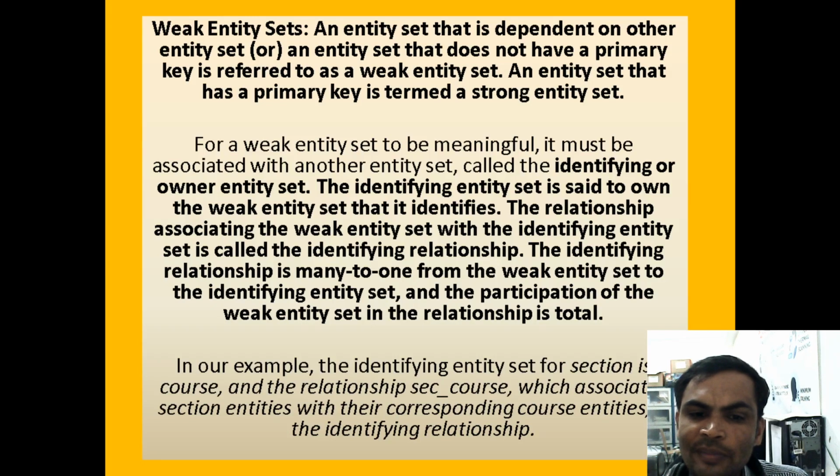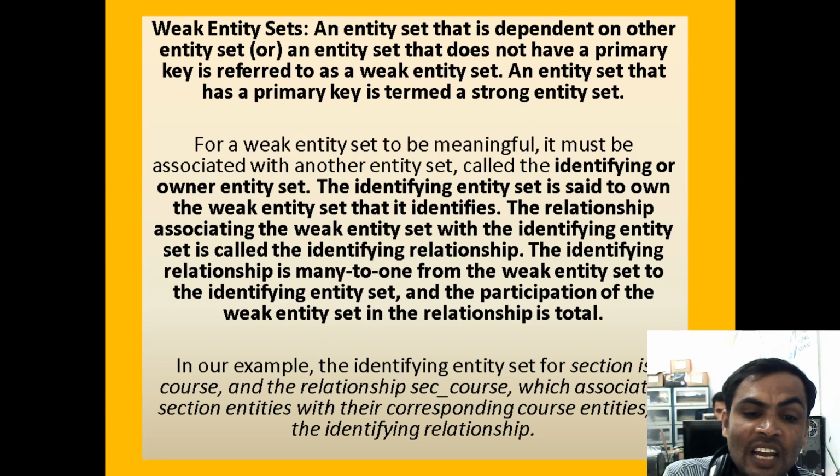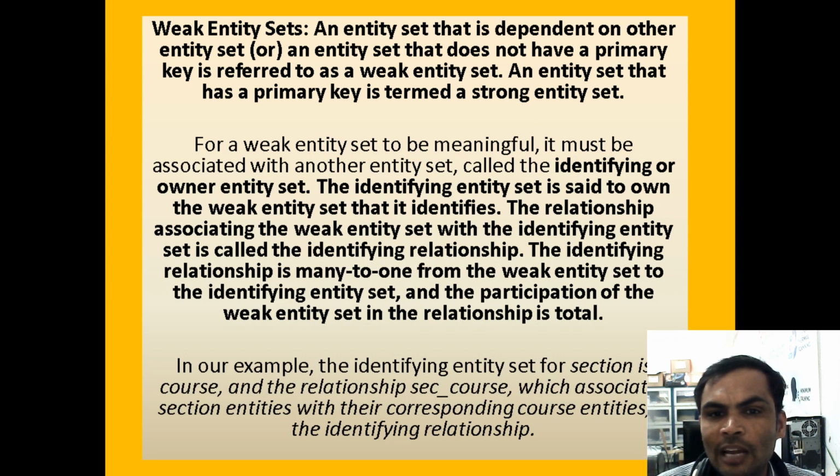If it has a primary key, then we call it a strong entity set. The attributes of the identifying entity set are associated with the weak entity set with the help of the double diamond symbol.